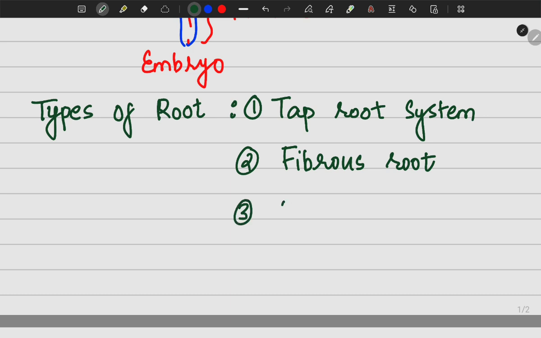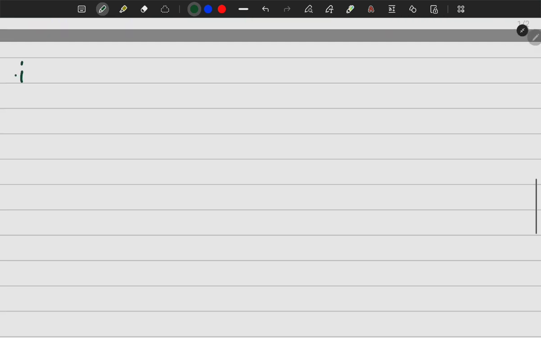Third one is the adventitious root system. So we will look at each of these types of roots in a bit of detail with examples. So let us go through the taproot system.